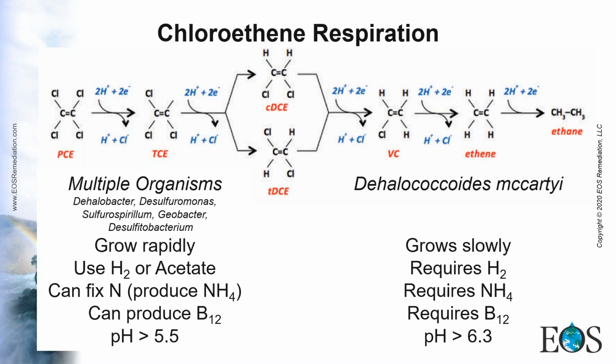So we have two different groups of organisms. The Dehalococcoides not only normally grows more slowly under optimum conditions, but it has much more specialized nutritional requirements. If you don't supply it with hydrogen, ammonia, and B12, and you don't keep a neutral pH, it's going to do very poorly.